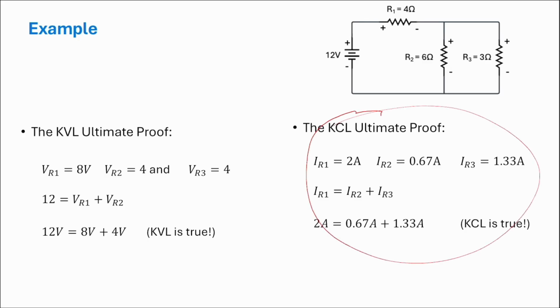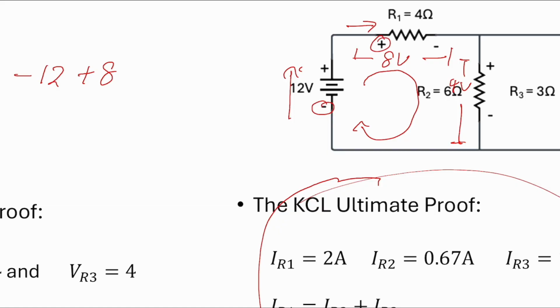Now how about the voltage? This is 8 volt, we just calculated, and this is 4 volt. So 12 volt when we enter this one. Put it this way, when we enter this one, this is from the negative. If we analyze this loop, minus 12, then when it enters R1 it is positive 8 because it enters from the positive side.